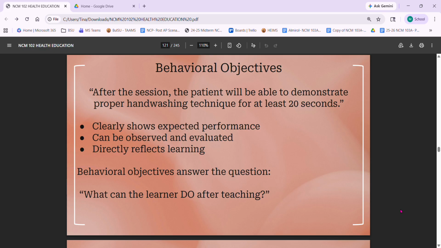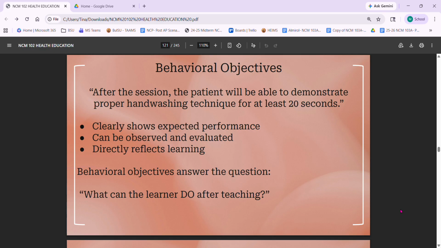So, ang pagkakamali kasi na nangyayari, okay? Sometimes, when you write objective, let's say, ang sinulat mong objective is to discuss diabetes management. Okay? Napaka-vague ng objective. Okay, more of instructional yung objective to discuss diabetic management.